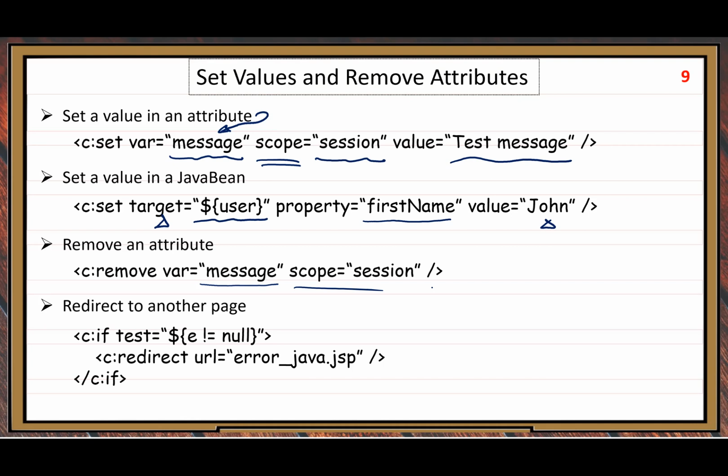Under the if condition, we use c:redirect URL to redirect the request to another JSP page. This feature is related to our project 1, our welcome page, where we need to redirect to the servlet. So let's recall our project 1.